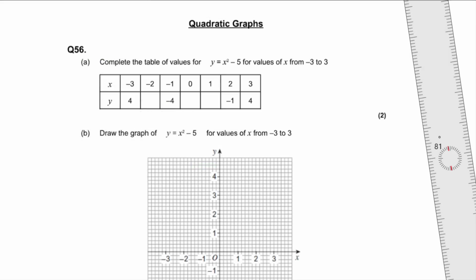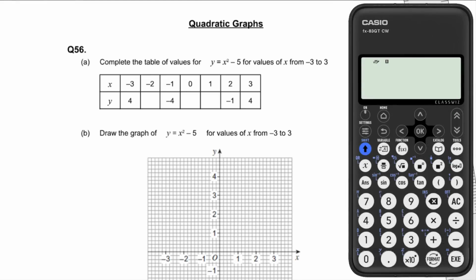Moving on to quadratic graphs, a lot of the principles are the same as for linear graphs in terms of plotting them. For a complicated graph like this, probably a good idea to use the table function on your calculator. So we're going to go into table mode again. Then we're going to type in the formula for the equation that we've got here, y is equal to x squared minus 5.